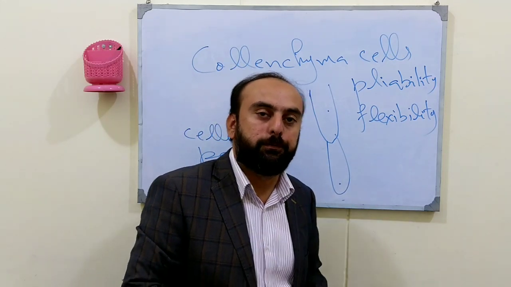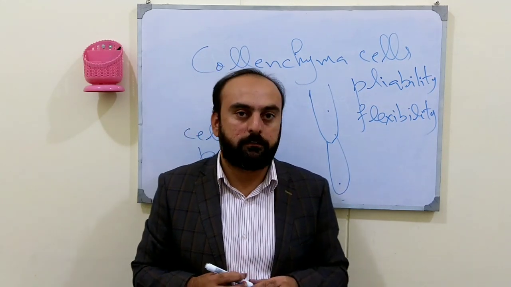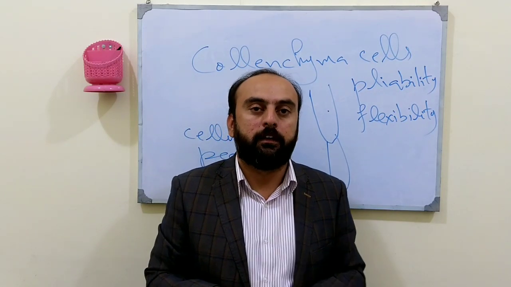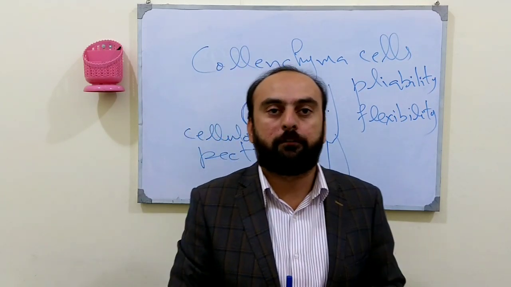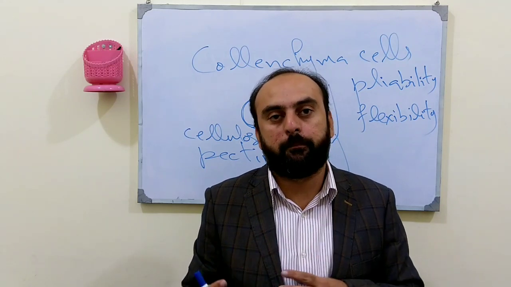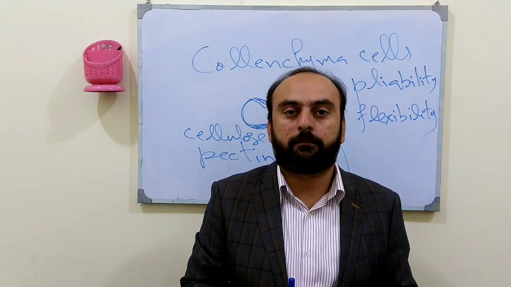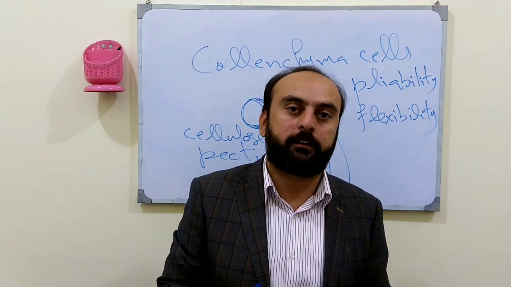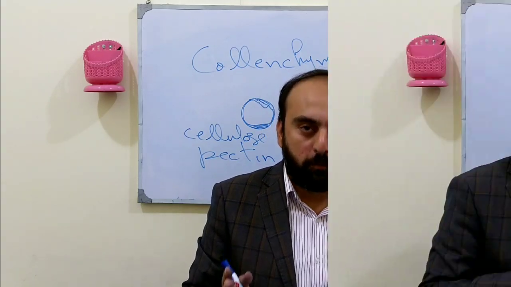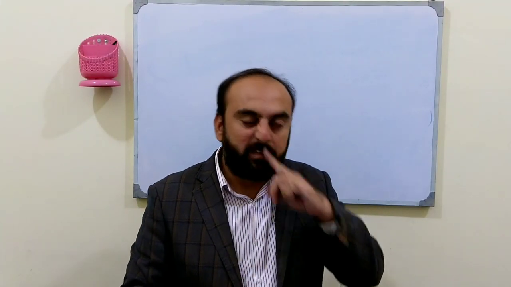In addition to giving strength to the plant parts, they also give pliability or flexibility due to which the stem of herbaceous plants or leaf petals or flowers can move. Parenchyma and collenchyma cells are living cells, or they are living at maturity.